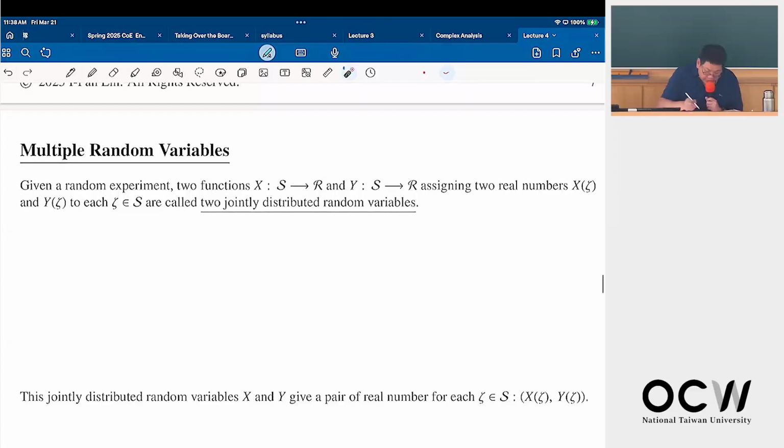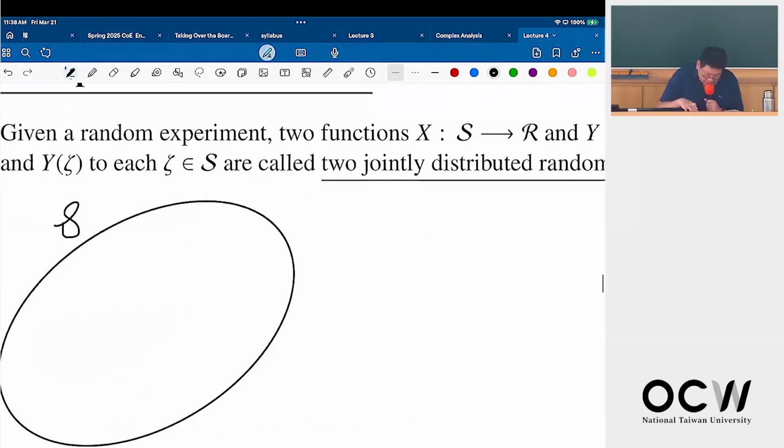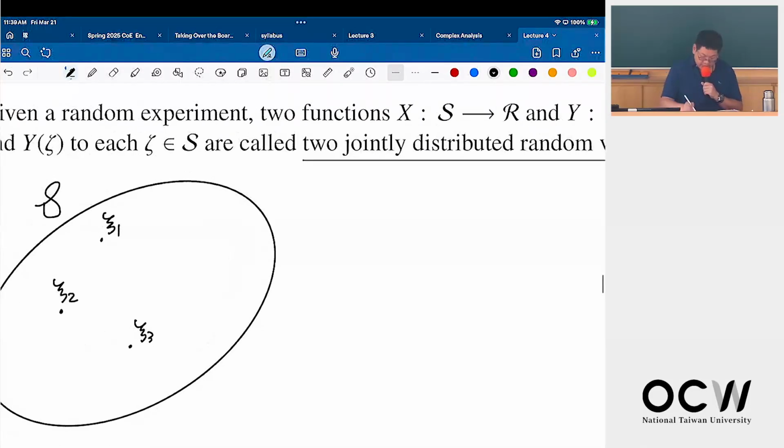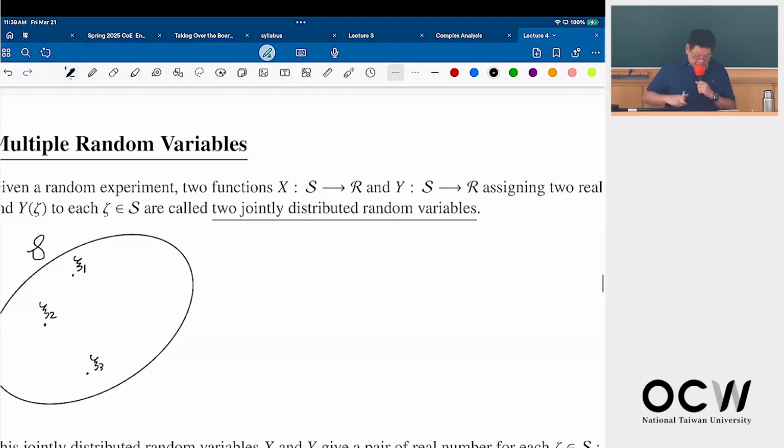So we can see I have a sample space. I have zeta 1, zeta 2. Those are the realizations, which means the outcomes. Now I map these outcomes to the real line.